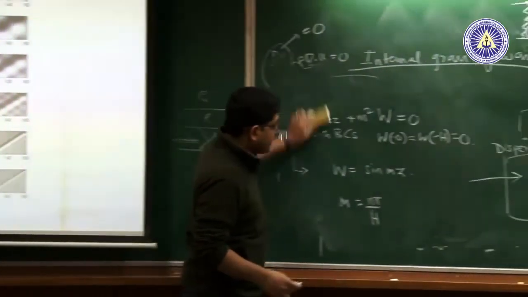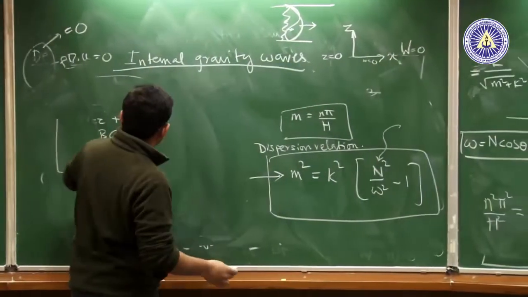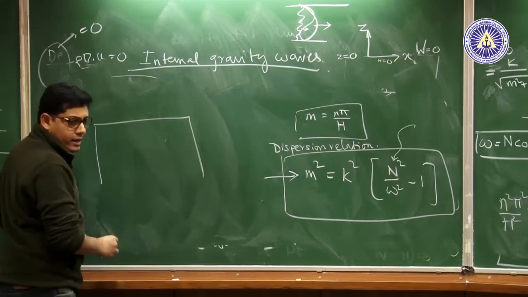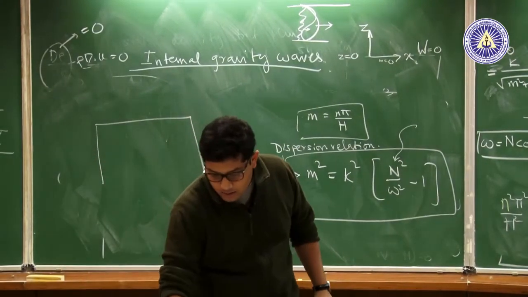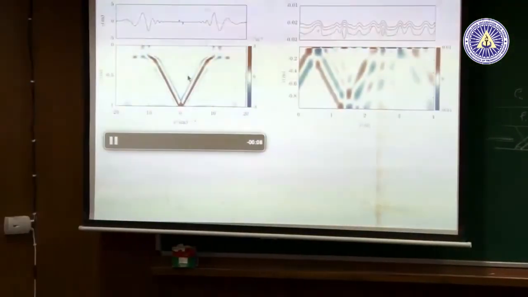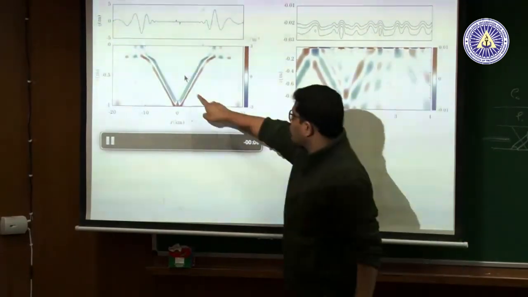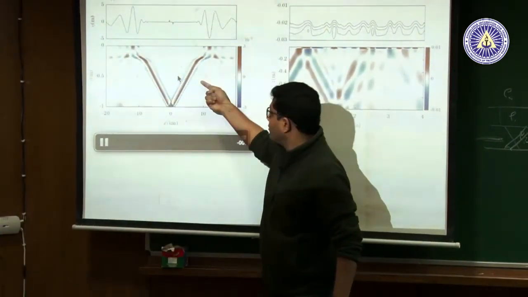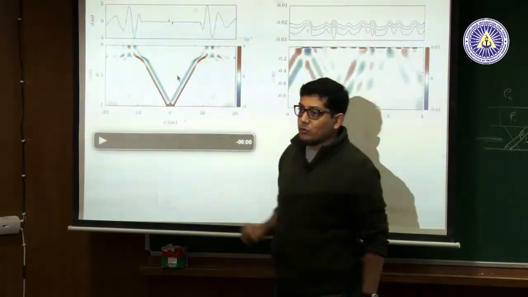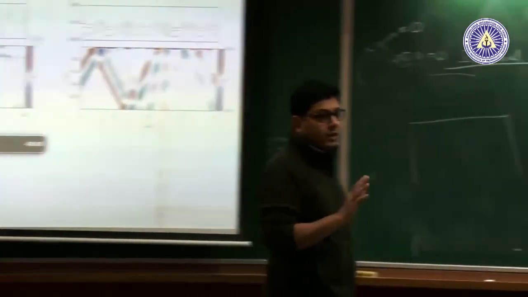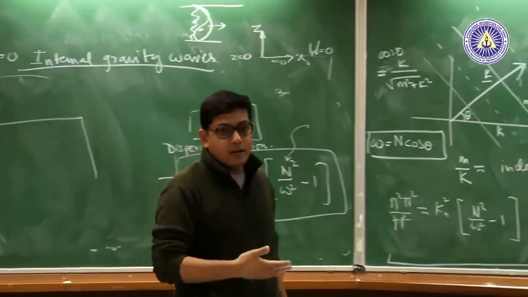So one interesting aspect of internal gravity waves is, again I am drawing, let me go back here. This is the direction of group. Do you know which direction the phase travels? Phase travels perpendicular to the group, which is very different from what you mostly know.